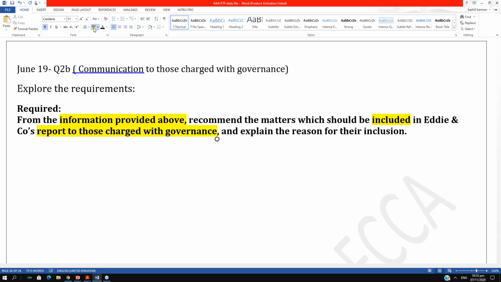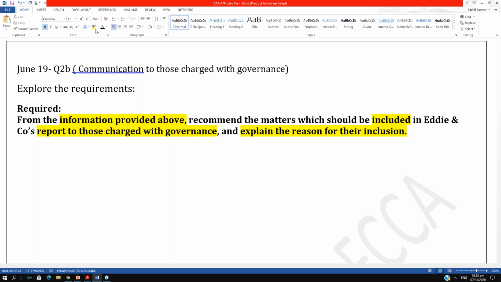Eddy and Company is the audit firm, right? So is the examiner saying matters to be included in the audit report? No. Matters to be included in the Eddy and Company report to those charged with governance, and explain the reason for their inclusion. Why will you include that matter?